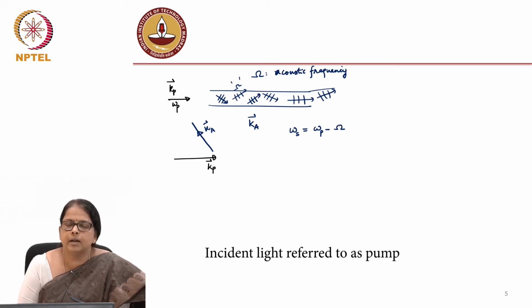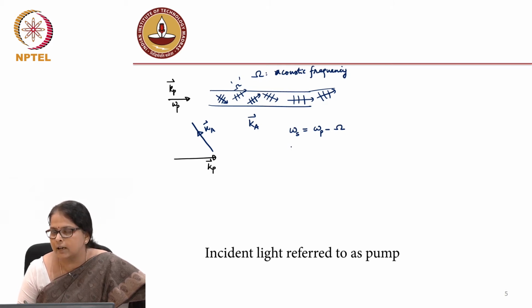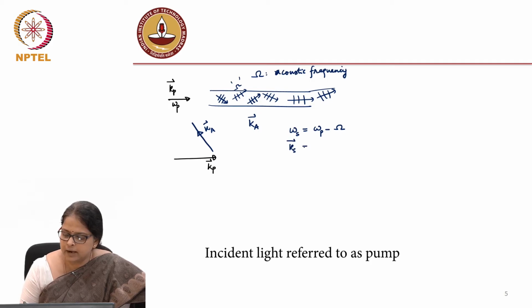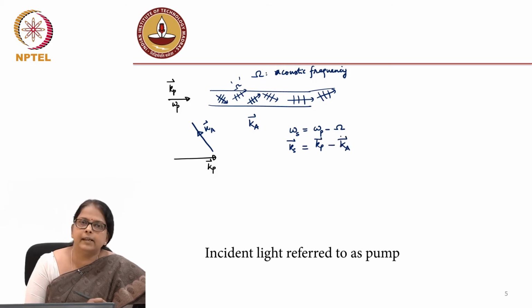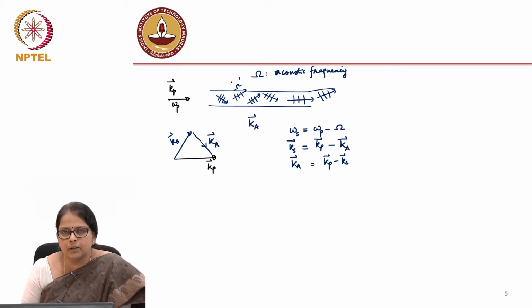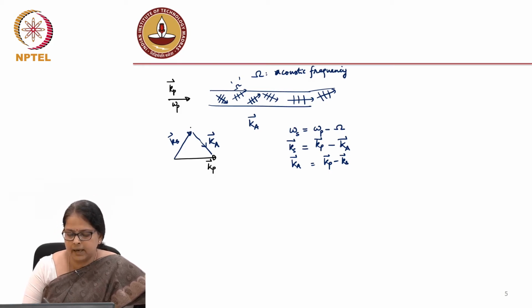The Stokes frequency is downshifted, as we always saw. For this interaction to happen, there is a corresponding phase matching condition. We derived a similar phase matching condition in four-wave mixing. Using the same idea, you should have Ks equal to Kp minus Ka, where Ka is the wave vector of the acoustic wave. This is the vector diagram that represents the phase matching condition, where Kp minus Ka gives rise to Ks.